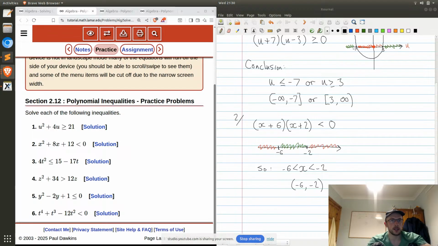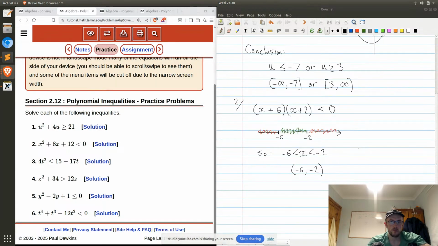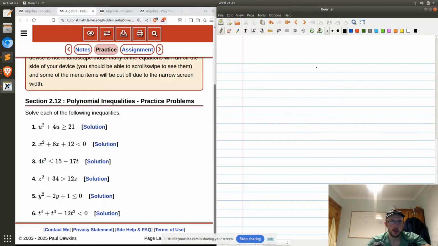And now we shall handle problem 3. Here it comes. Let's move everything over to the left. So we get 4t squared plus 17t minus 15 is less than or equal to 0.